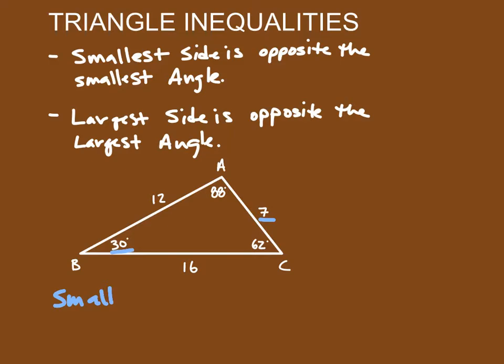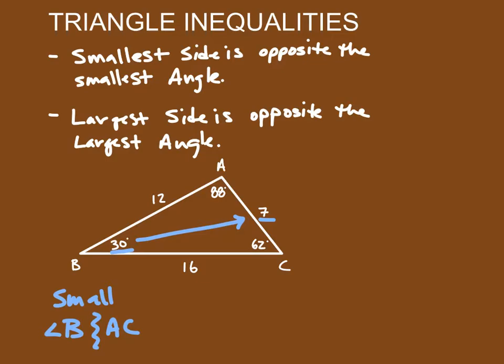What I know is that angle B is the smallest angle measure of 30 degrees, and it's opposite the smallest side. So angle B is my small angle, and we'll call segment AC our smallest side length. Now let's talk about our medium.